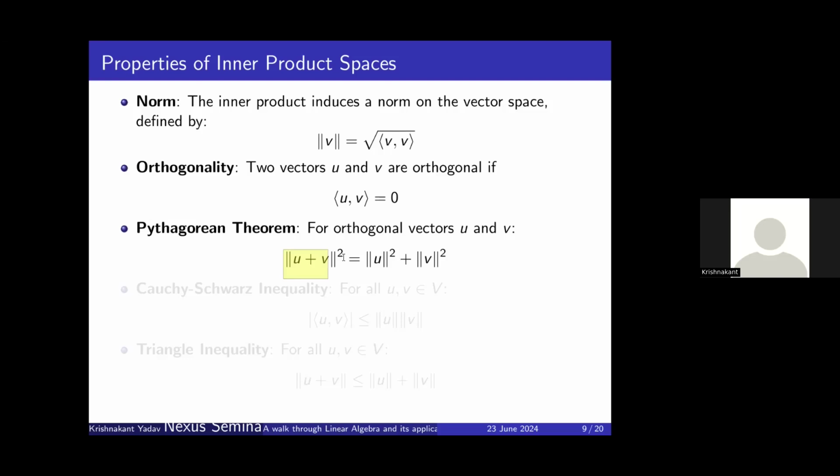If we open this bracket and solve the equation, you will get u square plus v square plus 2 times the scalar product of u and v. We will get that term as 0, as we have assumed that u and v are orthogonal vectors.